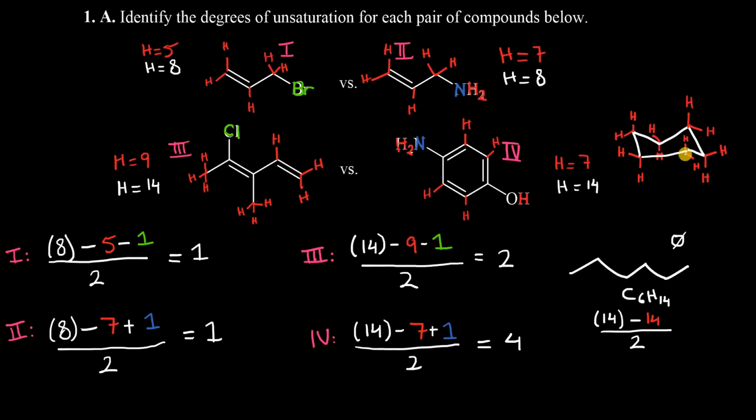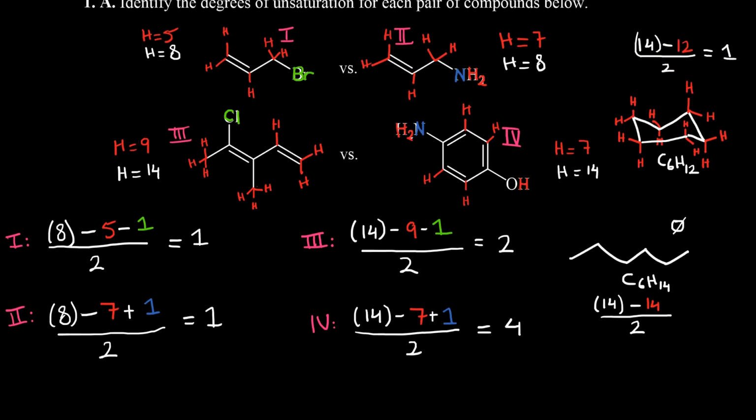Now let's calculate DU. First of all, we still have 6 carbons and we have 12 hydrogens in this case. So the equation would be 14 minus 12 divided by 2. That gives us 2 over 2, which is 1.